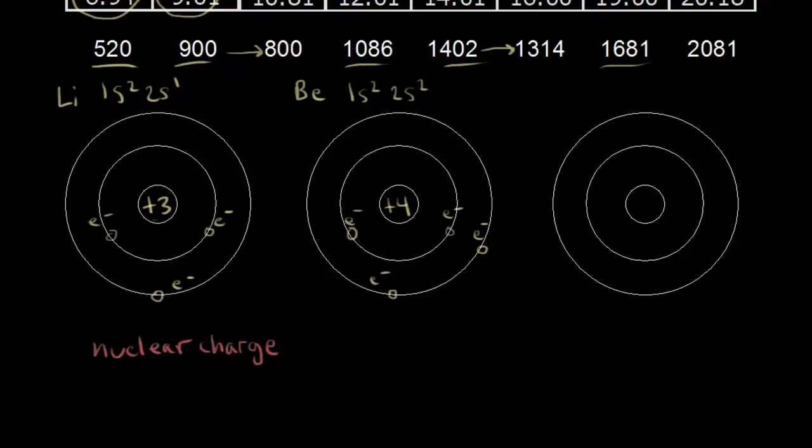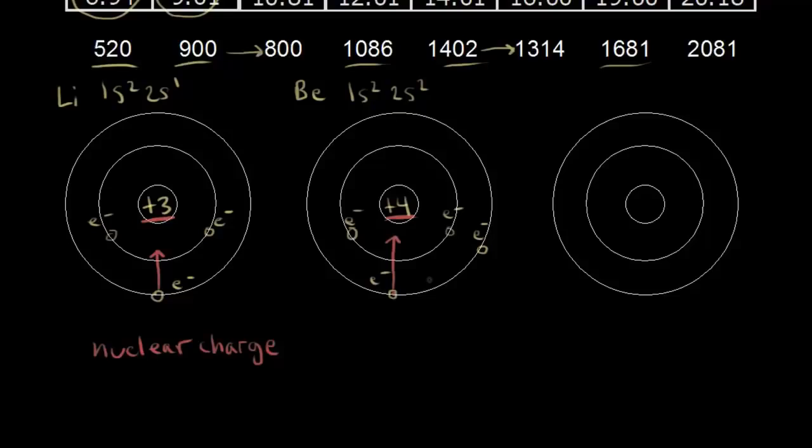If we look at lithium, with a charge of +3 in the nucleus, that's going to attract this outer electron. For beryllium, with a +4 charge, it's going to attract this electron right here. Since it's +4, you would think that it would have more of an attractive force for one of these outer electrons.